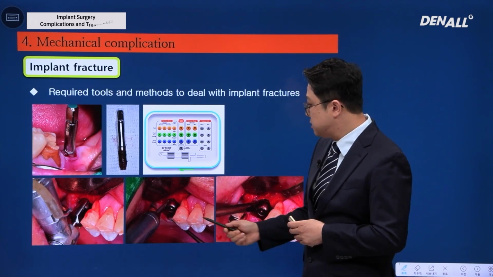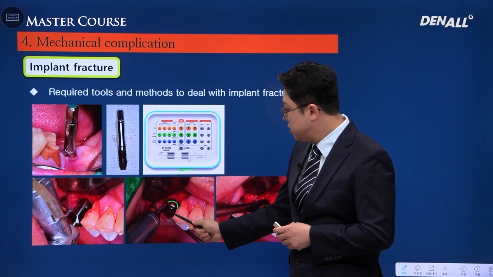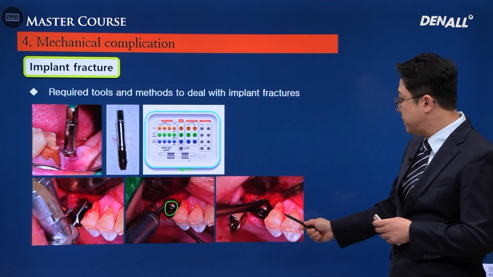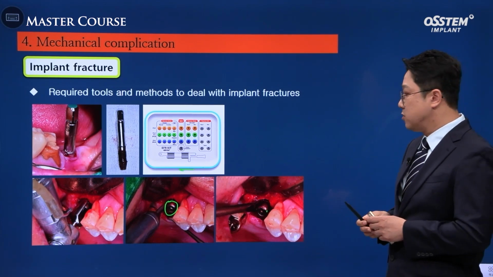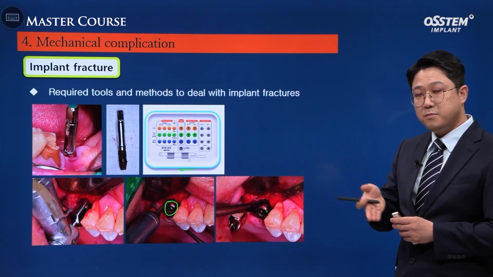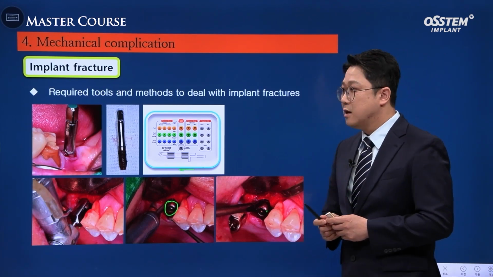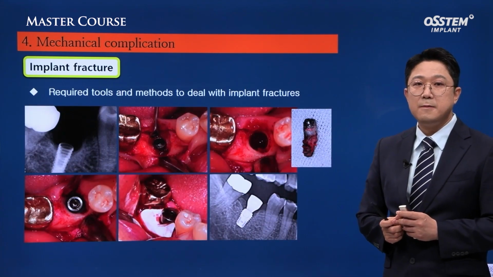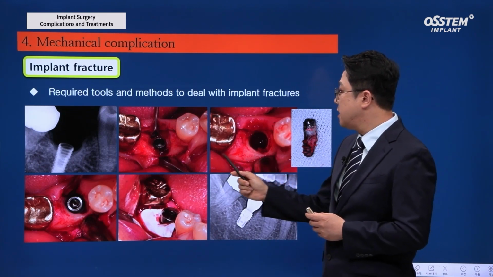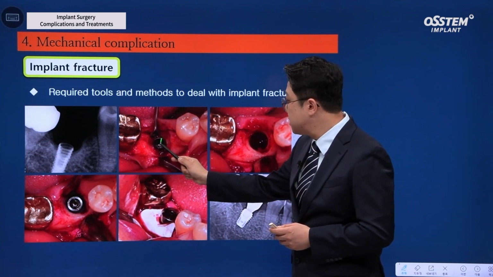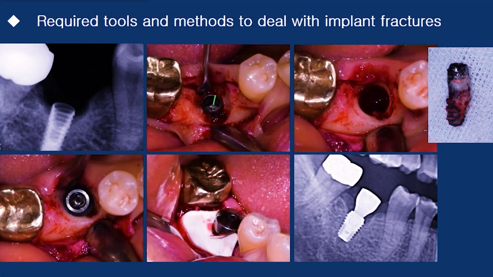You can also remove the implant body almost as if making a fulcrum to remove a residual root using an elevator. You can connect it with a straight angle to remove the implant body. You can prep bone and remove the implant body in this way. If the implant is thoroughly removed, you can see that there's a crack line here, and that's why it was removed. In this case, an ultra-wide implant was used to restore this case.